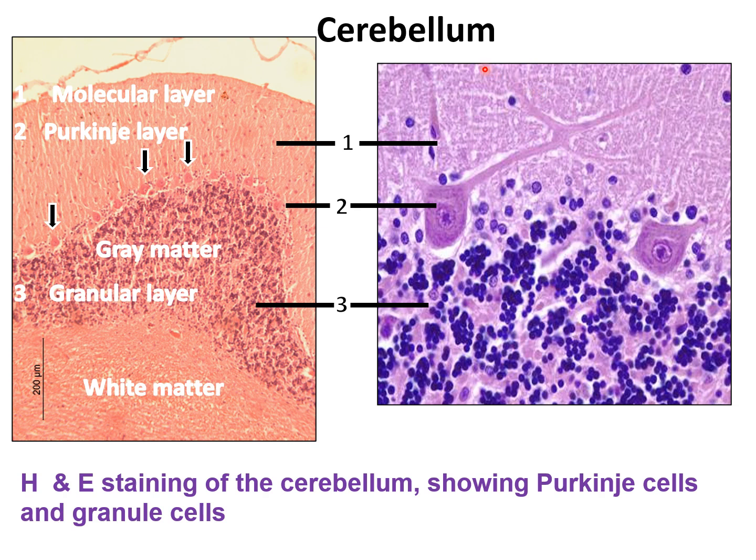So three layers are there. The molecular layer, which contains the dendrites and some small cells, the Purkinje layer, the second layer, and the third layer is the granule cell layer, deep to which lies the white matter.